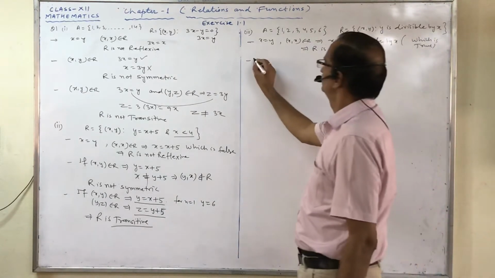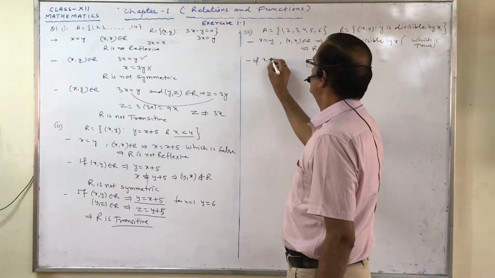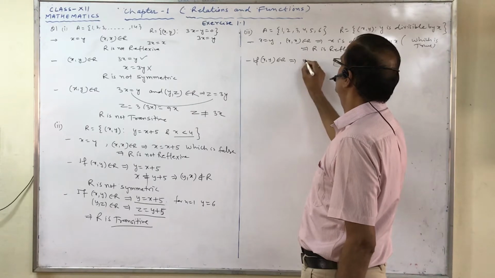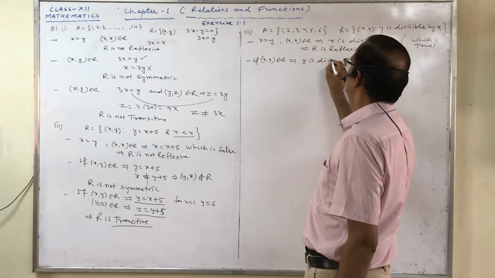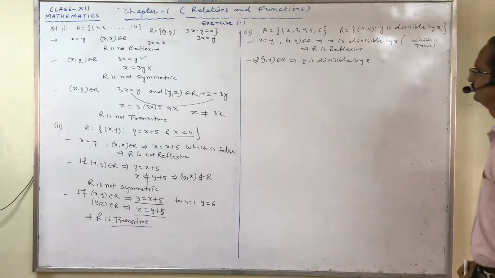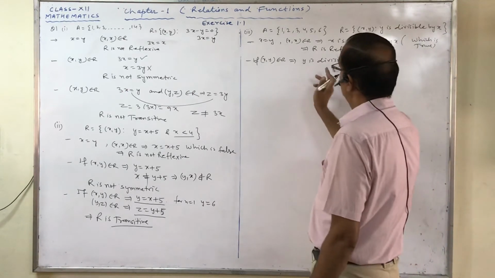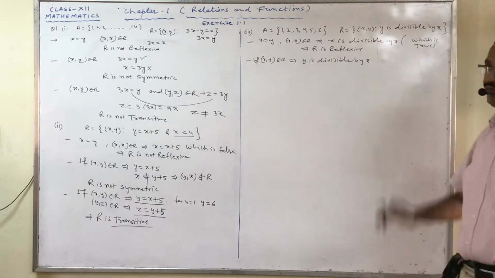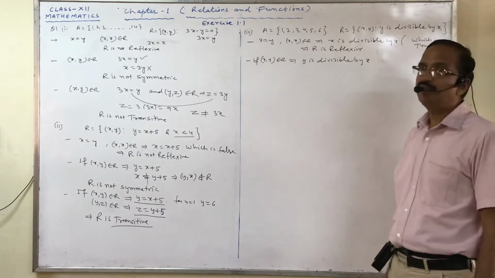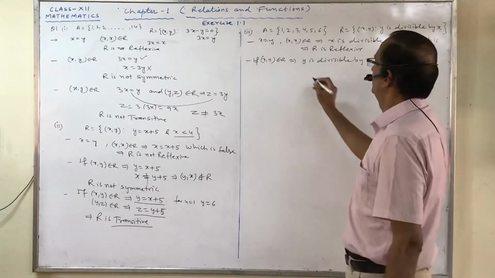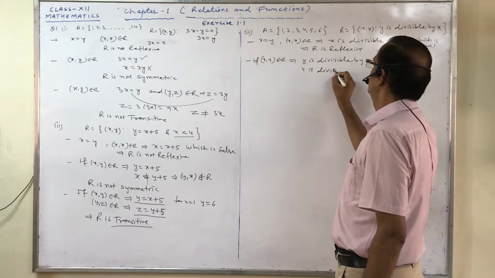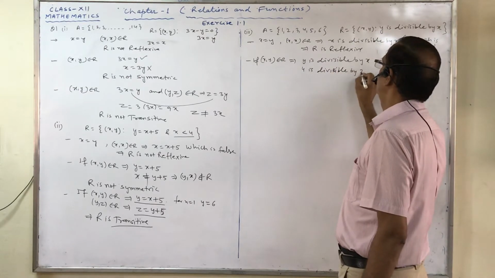If (x, y) belongs to R, this implies that y is divisible by x. Then check whether x is also divisible by y. No, it is not applicable in all the cases. For example, 4 is divisible by 2.